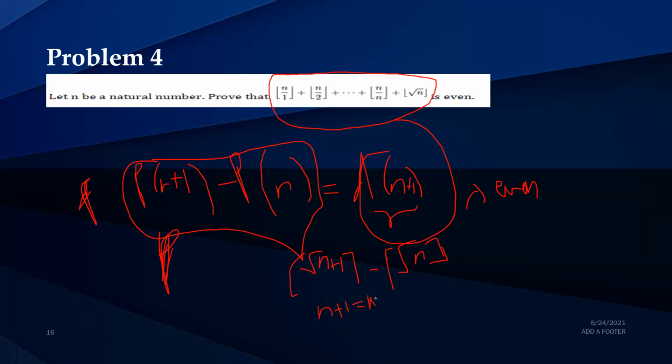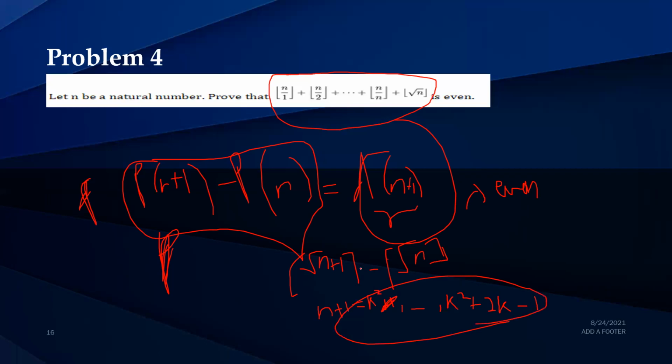k square plus 1, k square plus 2, and so on, up to k square plus 2k. So this means that n will range from k square up to k square plus 2k minus 1.